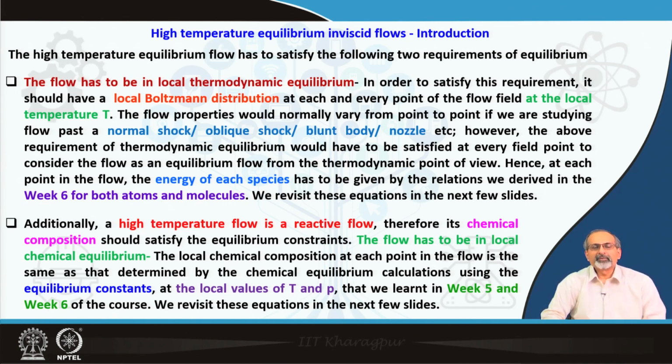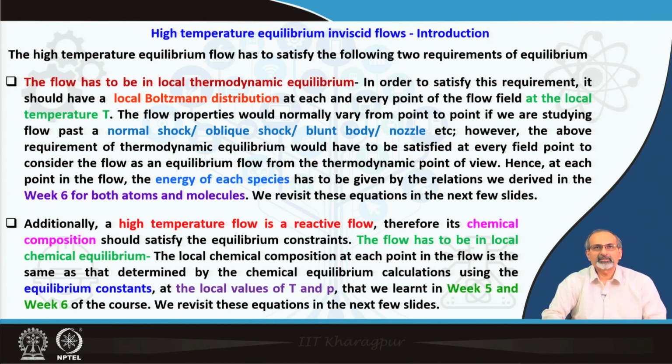So, local thermodynamic equilibrium, in order to satisfy this requirement, it should have a local Boltzmann distribution at each and every point of the flow field at the local temperature T. The flow properties are naturally going to vary from point to point in the flow field.